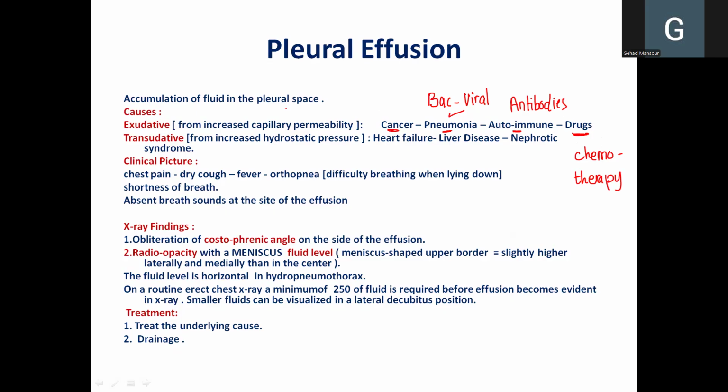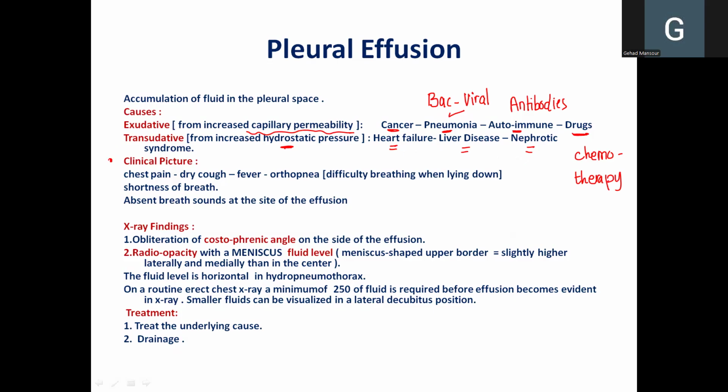Exudative pleural effusion is characterized by increased capillary permeability due to inflammation, due to histamine and the chemical mediators of inflammation. Transudation results from increased hydrostatic pressure. It might occur in heart failure, in liver cell failure, or in the nephrotic syndrome.